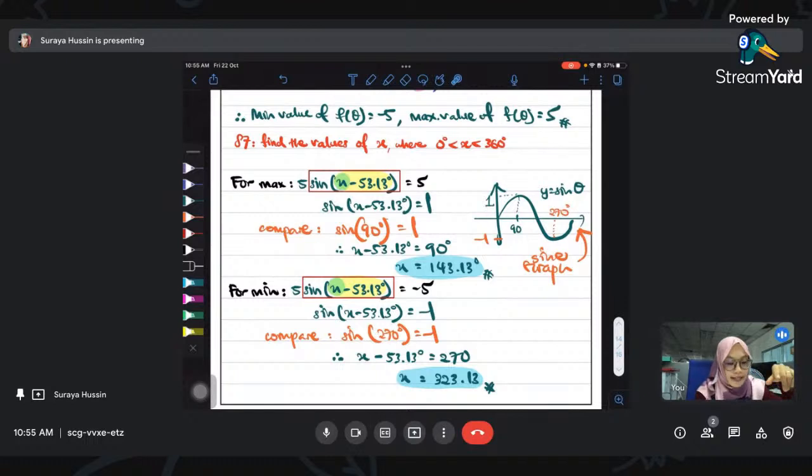R form tak ada masalah? R form juga masih menghadam? R form boleh. Okay. So yang masih menghadam ni adalah minimum dan maksimum lah.